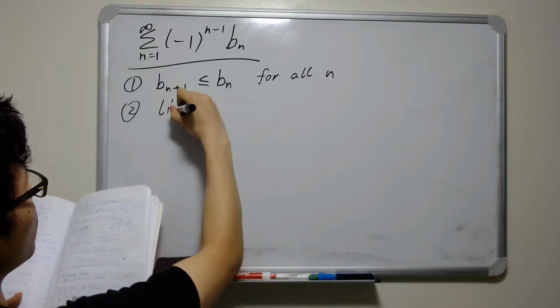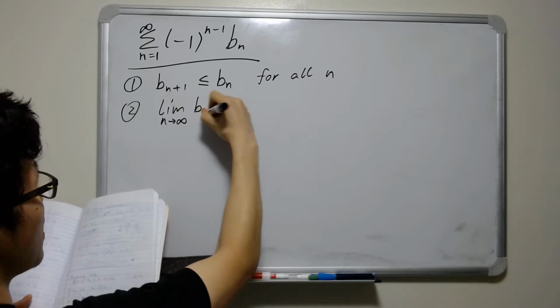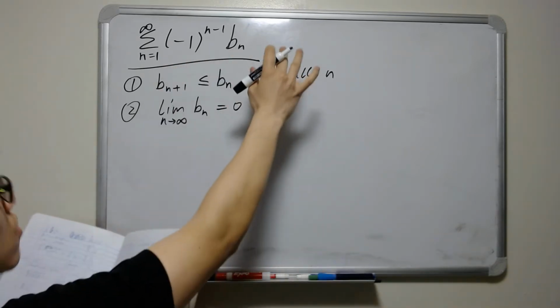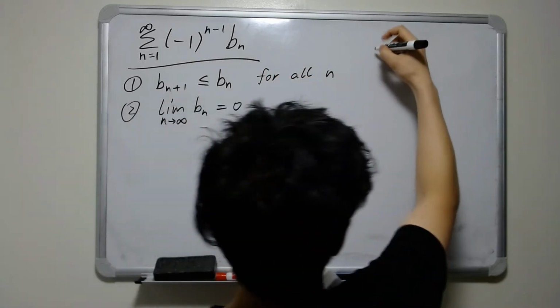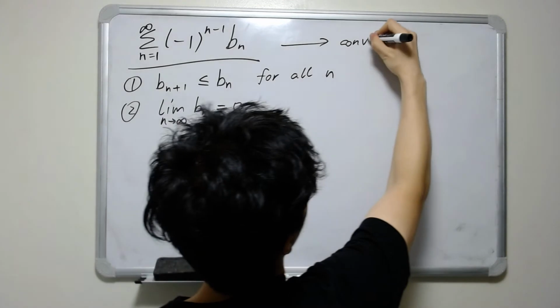And the second one, we need the limit of b_n to go to 0. Then we can say this alternating series converges.